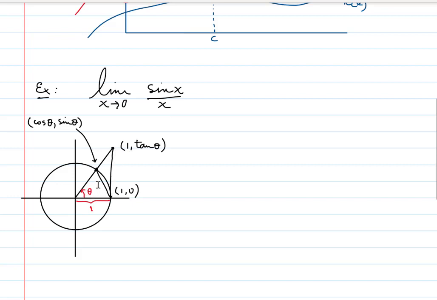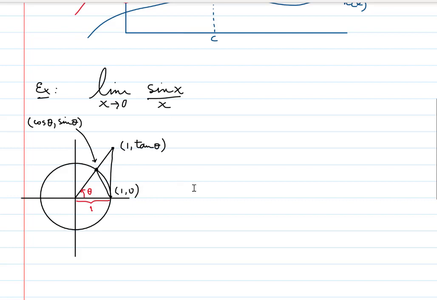Because tangent is opposite over adjacent. So if I do tangent of theta with respect to this big right triangle, then you'll have opposite over 1. So whatever this opposite is, it is tangent of theta, because the adjacent is 1. So this coordinate is 1 comma tangent of theta.